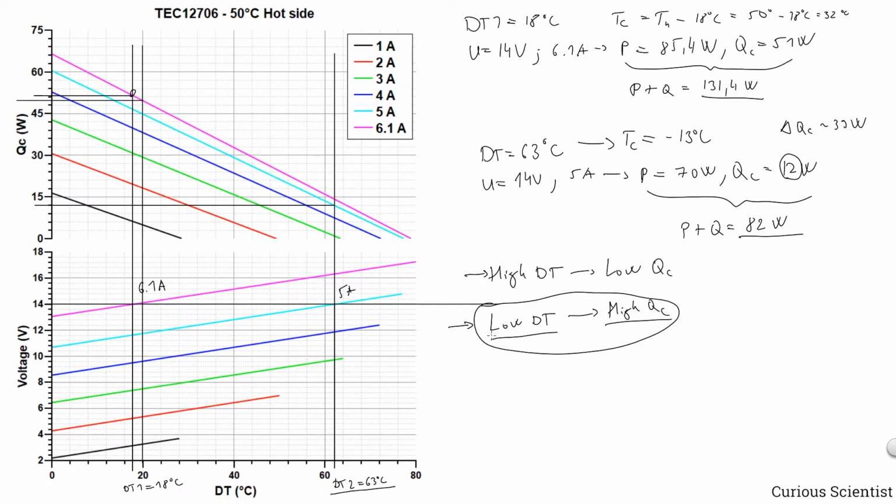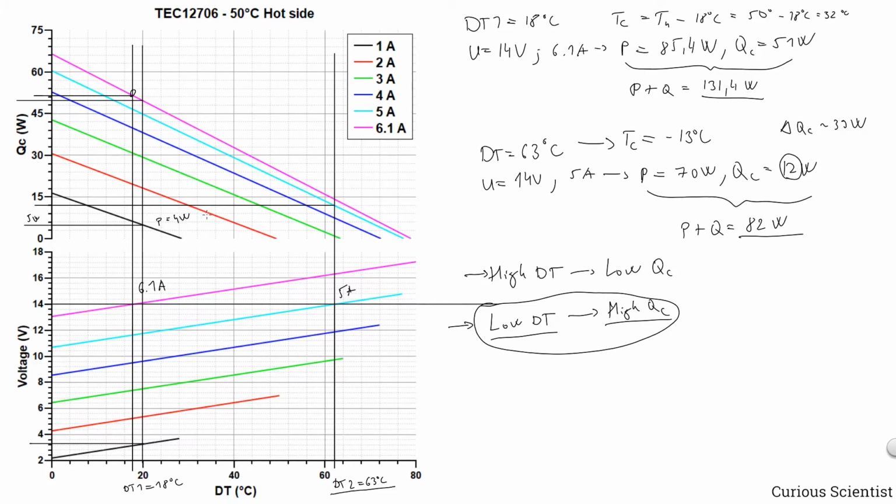But this thing becomes more and more difficult if you want to pump out more heat, because let's say if you start at the bottom of this chart and you want to have this 20 degrees difference, so here if you want to have, let's say, 5 watts, then you just need 1 ampere for that. So your P will be very low. So that is, I don't know, 3 point something. So let's say the P here is 4 watts.